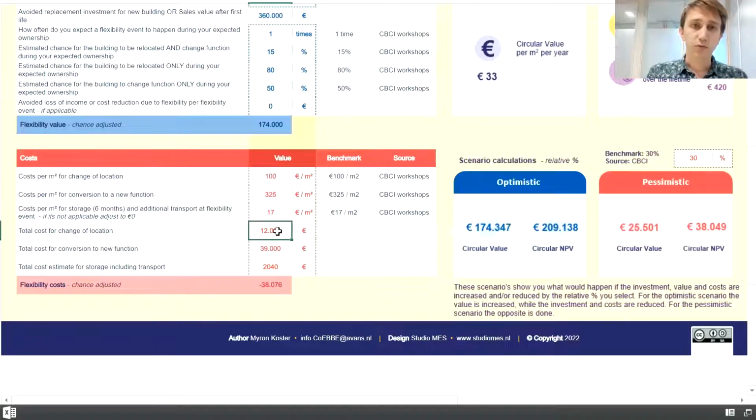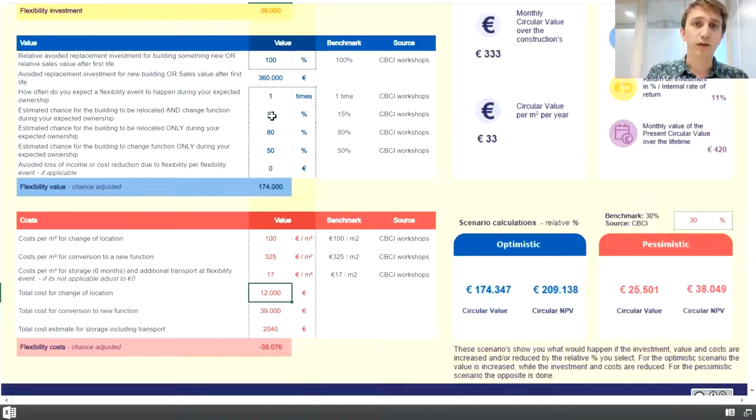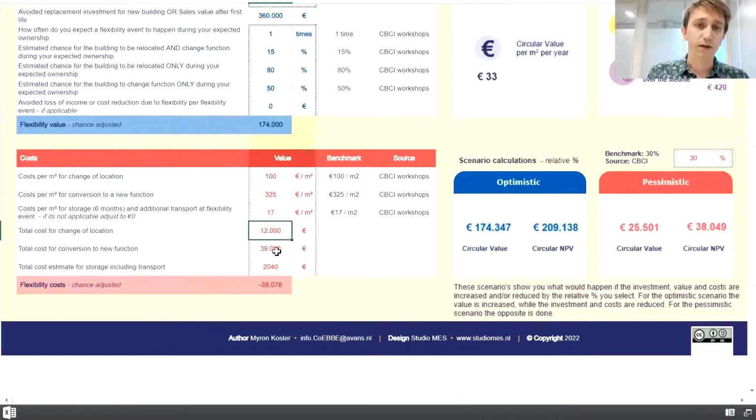And to make these estimates, we're using the percentages of it occurring. That's also what we're doing for the value. So here the value is based on the average of things occurring, and here the costs are based on the chances that these occur. So in this case, the expected costs are about 40,000 euros.